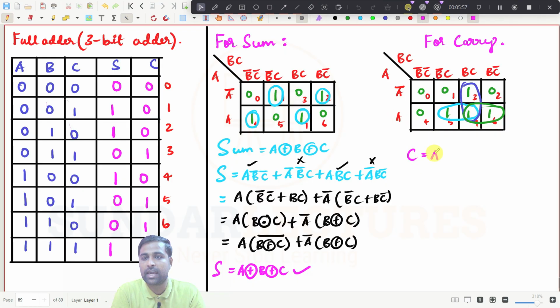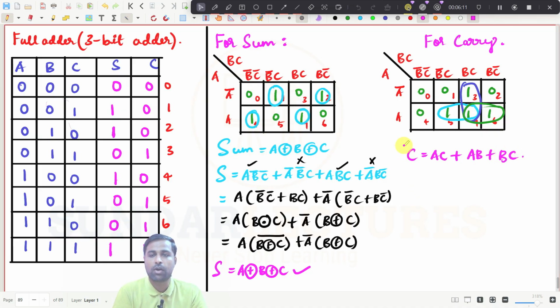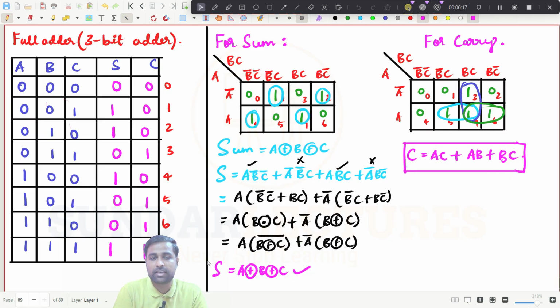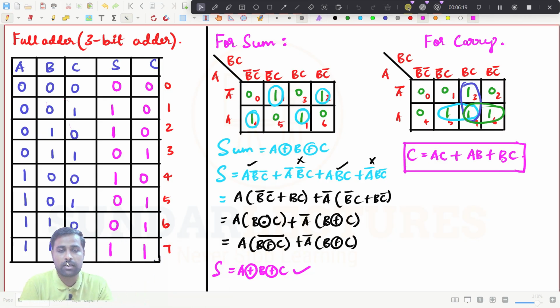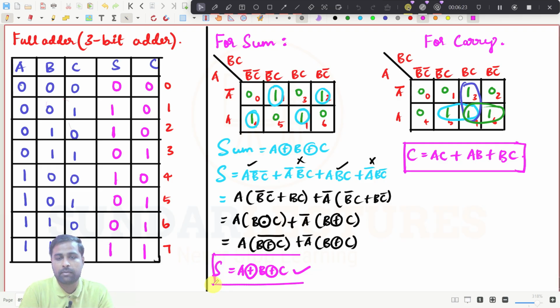It is A, and if you compare these two, what is the common term? C. That is the two equation. Plus, for this one it is A, B. Plus, for this one it is B, C. Right? So now this is the expression for carry, and this is the expression for sum. Am I right or wrong?